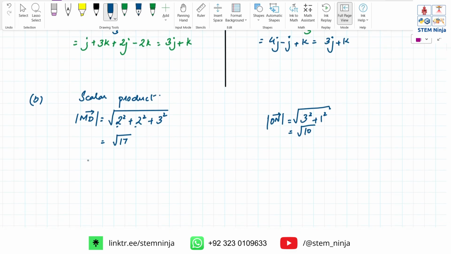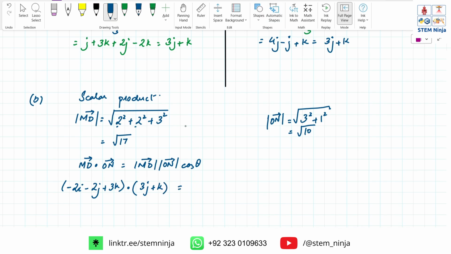Next, we need the dot product or the scalar product. So MD dot ON equals length of MD, length of ON, cos of theta. So MD is minus 2i minus 2j plus 3k, and ON was 3j plus k, equals root 17, root 10. When we multiply, we get root 170 cos of theta.